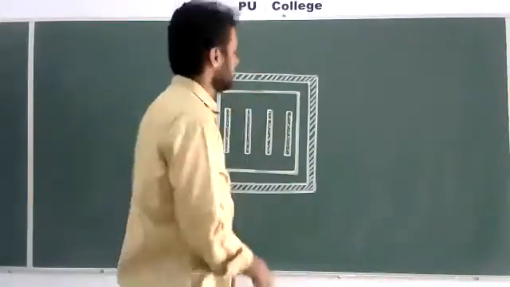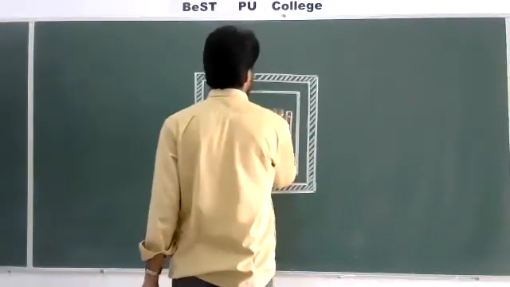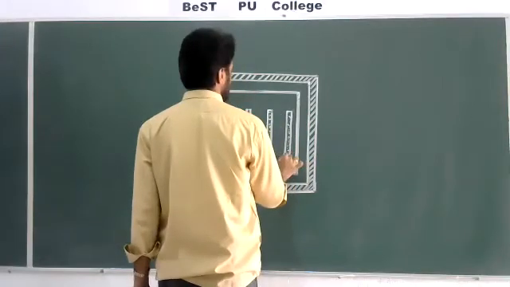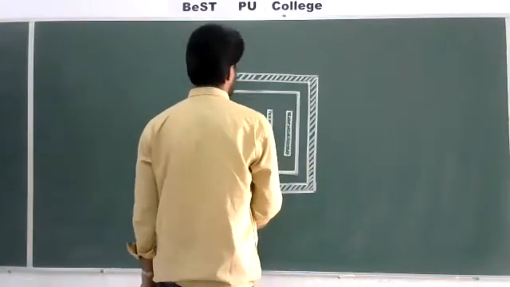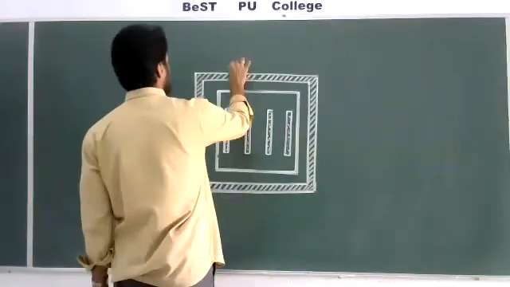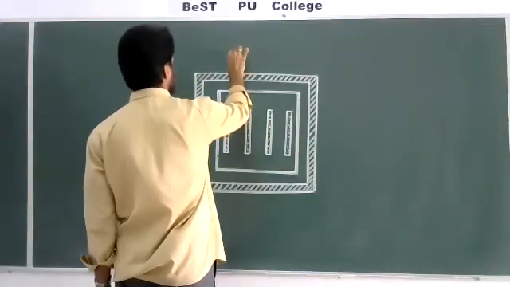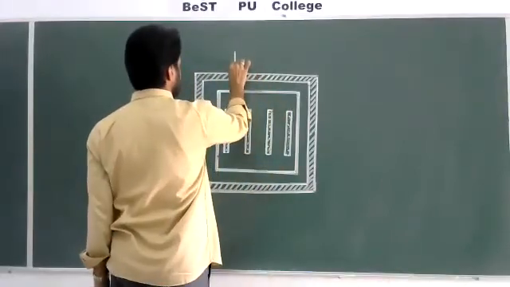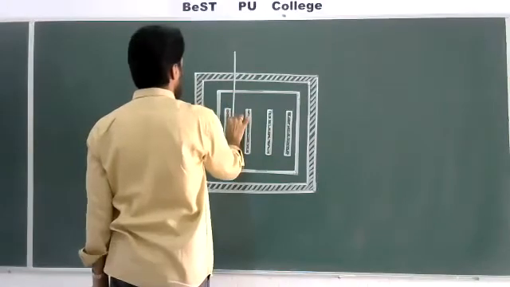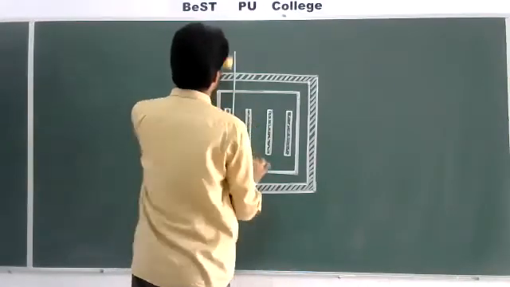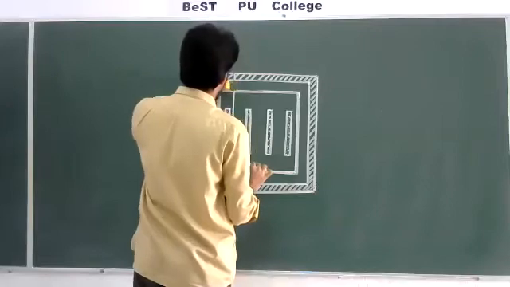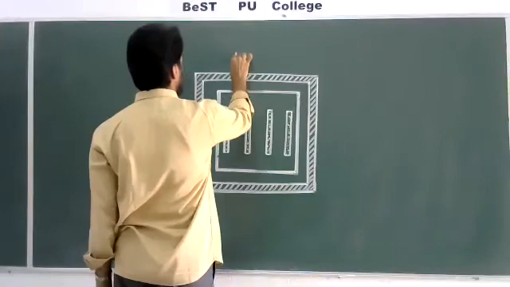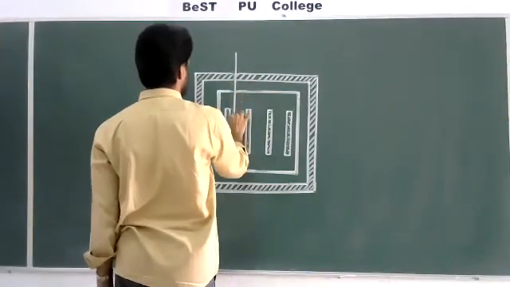You can write the third one. To control the nuclear chain reaction, control rods can be used.